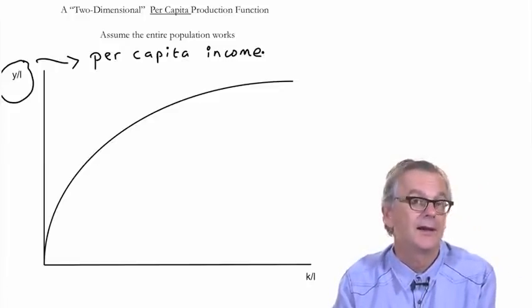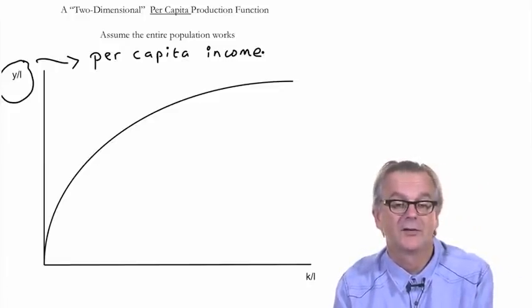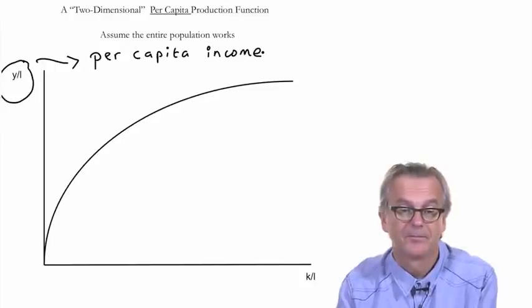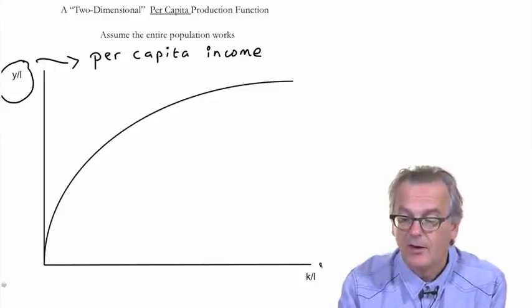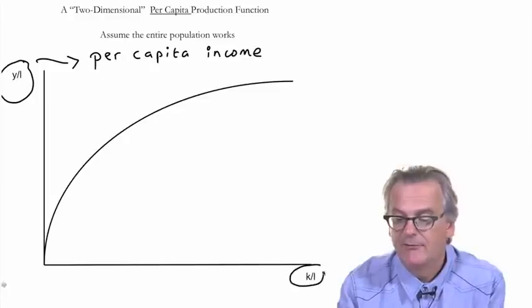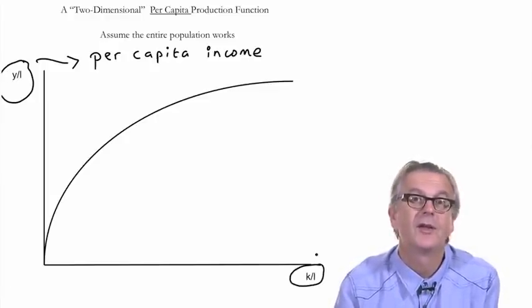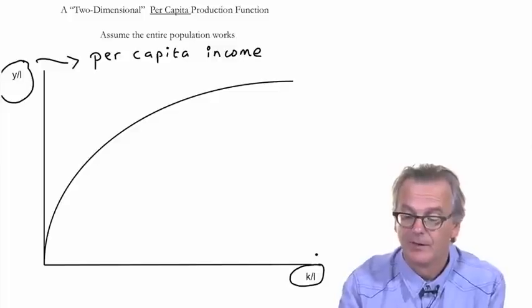And that's what the analysis of economic growth is designed to explain or understand. What are the key factors or forces at work that determine per capita income? On the horizontal axis, I have the amount of capital relative to the number of workers.